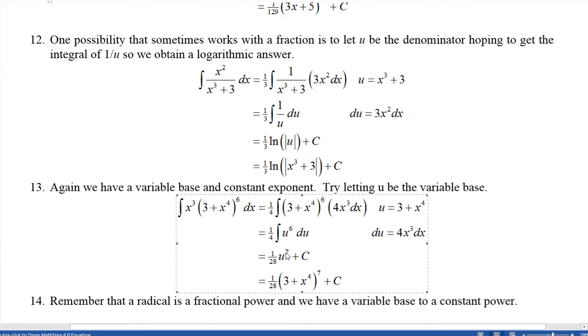Okay, so we add 1 to the power, which is 7. We multiply by 1/7, and we still have the 1/4 here that we had to introduce. So that makes 1/28. Our integral sign disappeared, so we put our plus c, so we have the entire family of antiderivatives. Now we have the antiderivative, but in terms of u, we need it in terms of x, so we go back and substitute 3 plus x to the fourth in place there, and now we see we have the final answer.